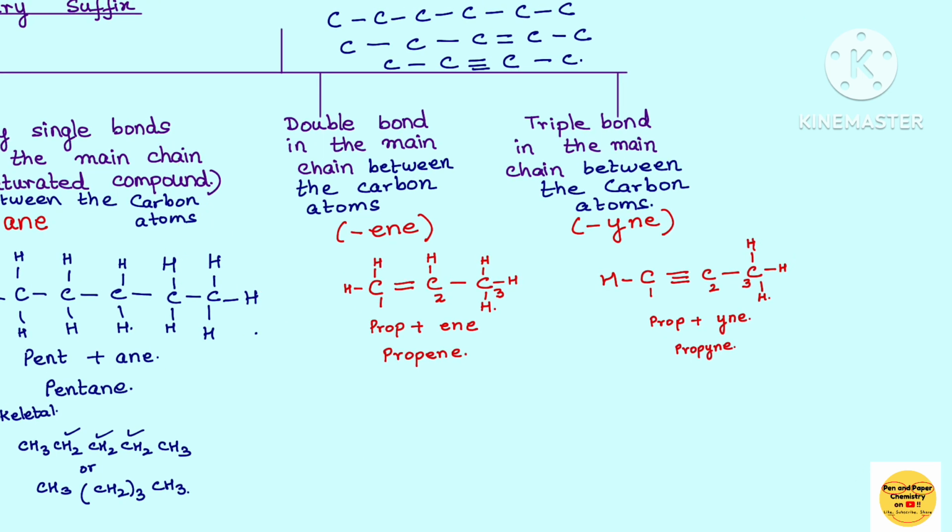Can you name them? Yes, they are known as unsaturated compounds. Compounds wherein the four valencies of carbon are not satisfied by single bonds.